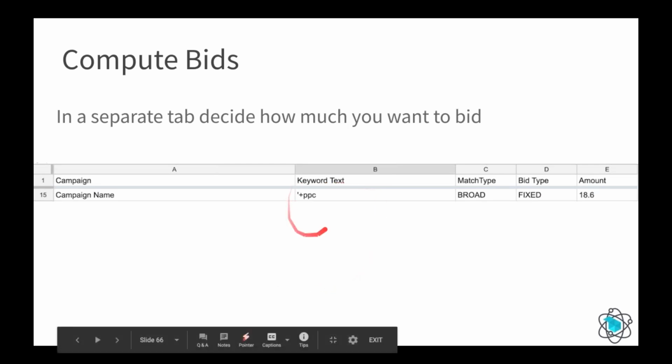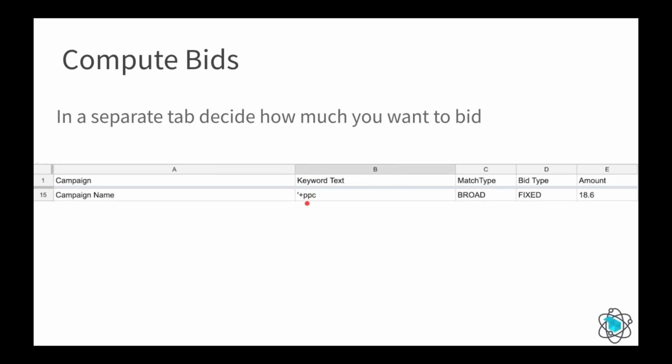So let's say here, if we're running the AdEspresso campaign for the keyword pay-per-click AdEspresso, let's say the value of a user signing up to AdEspresso is $100, and the conversion rate is 1%. In this specific case, we will need to bid $1, right? So definitely a lower bid than this $18 here.